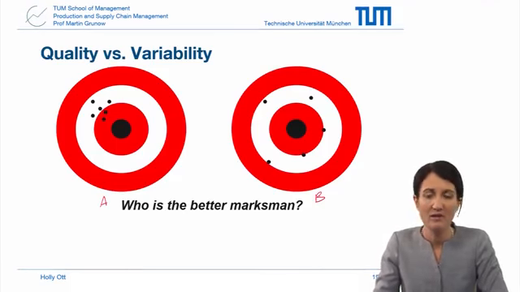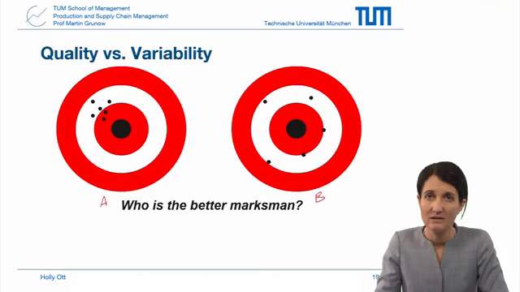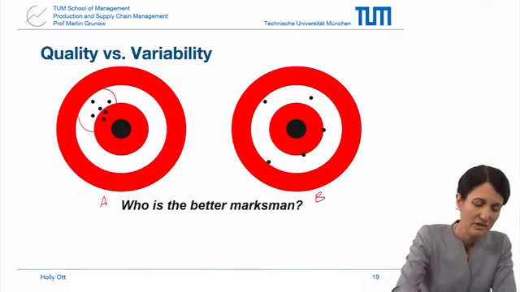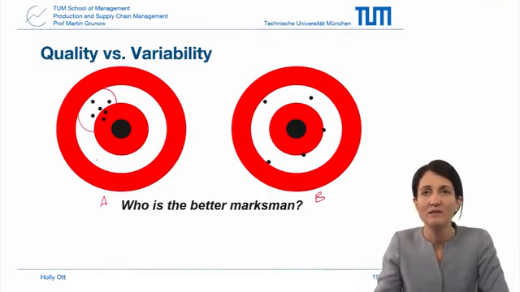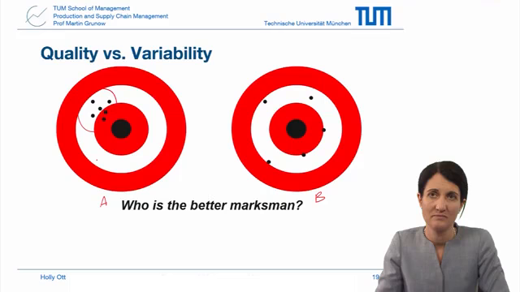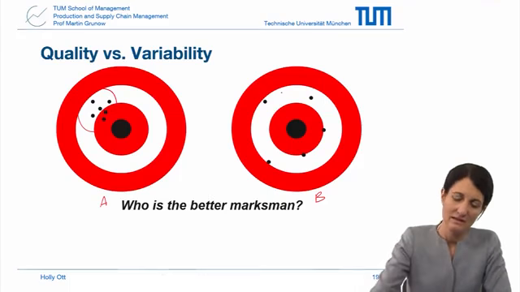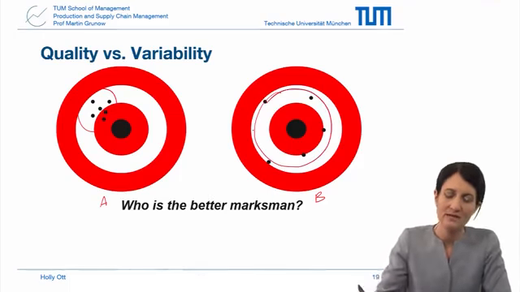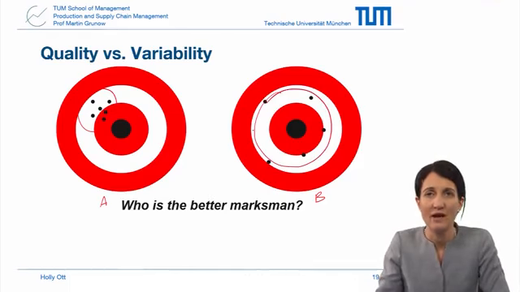The bullseye here on the left, on A I should say, shows that we always have shots that are just off the target. While marksman B is consistently shooting around the target. Which is better?